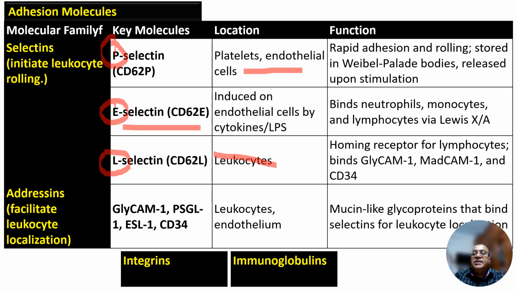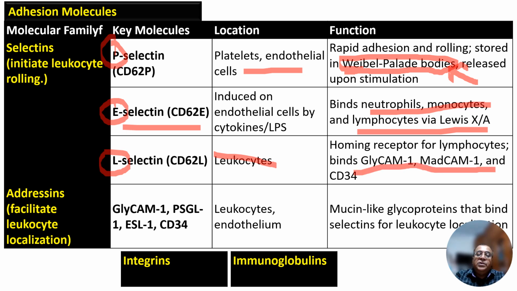Then these P selectins are present within the Weibel-Palade bodies of the endothelium and the granules of the platelets, and whenever there is a stimulus, they are released from the endothelium and expressed on the surface. The E-selectin binds with neutrophil, monocyte, and lymphocyte, while L-selectins are homing receptors for lymphocytes, and bind with GlyCAM-1, MadCAM-1, and CD34.